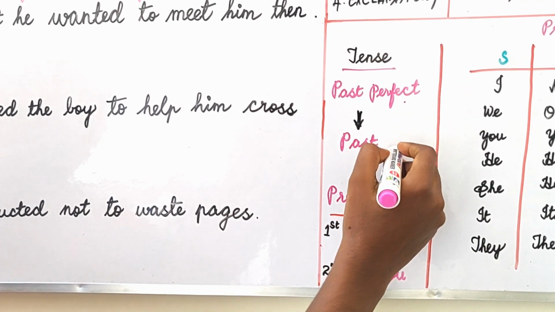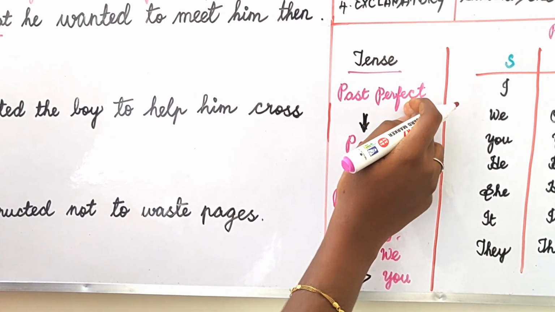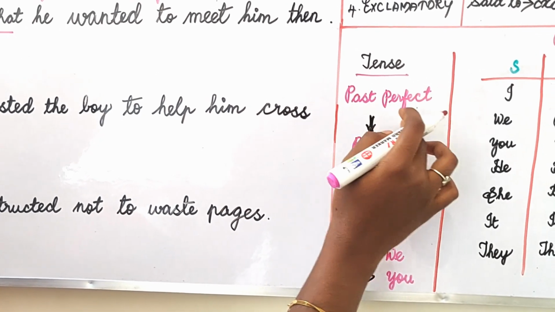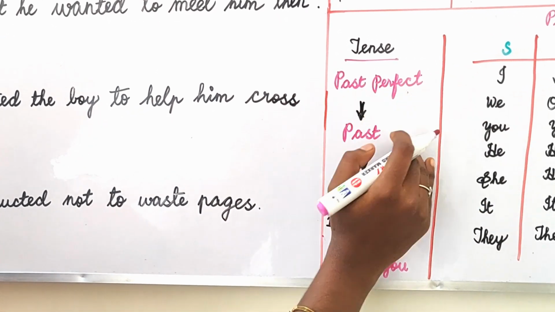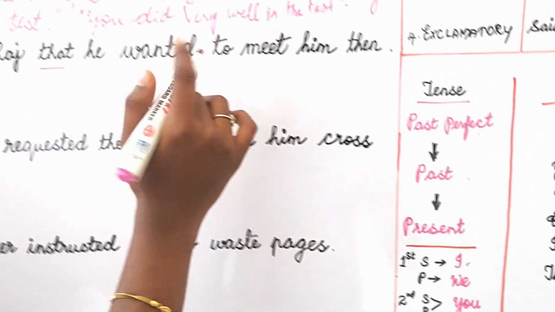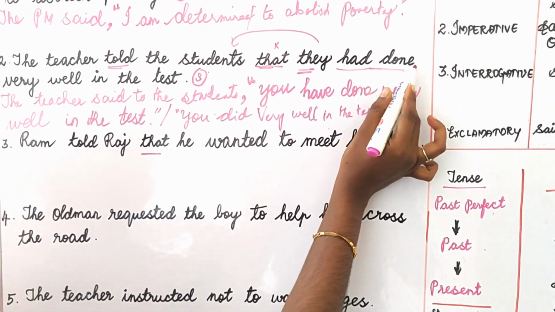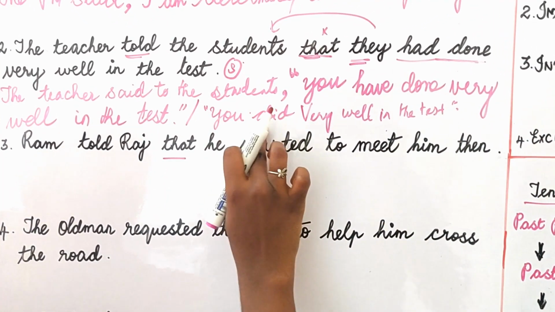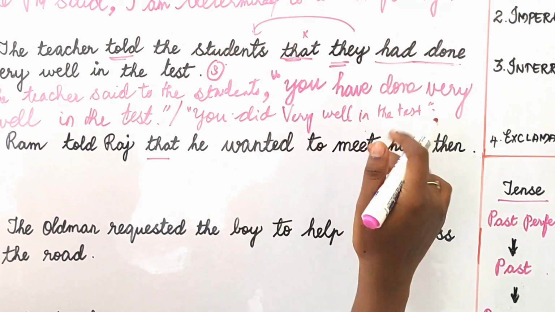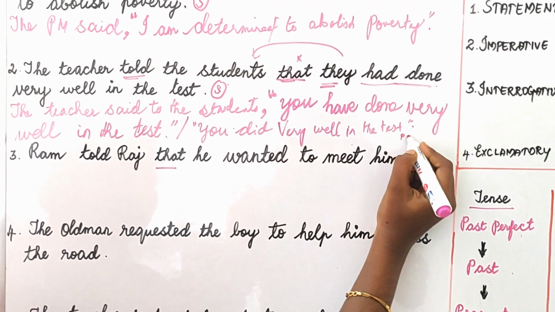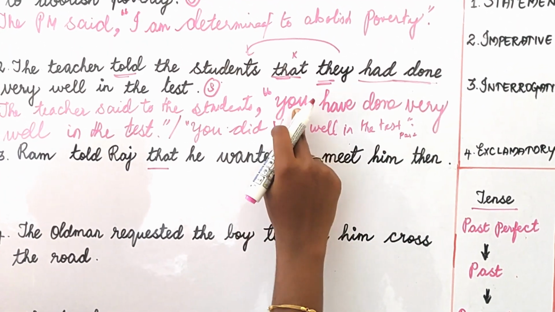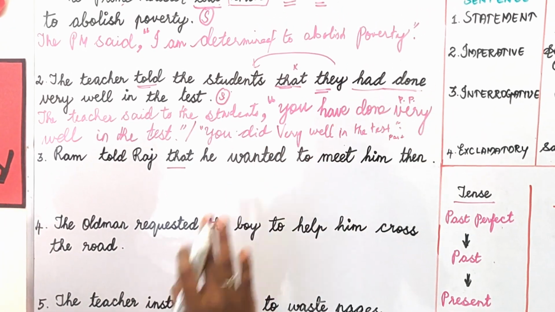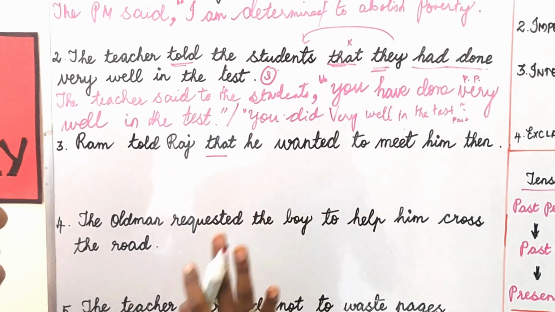This past perfect can be changed to present perfect also. So two options are there. Either you can write in present perfect or simply past. Both answers are right. So what's the past tense of done? Did. So do, did, done. So I have written did here. You did very well in the test is also right. This is simply past. And here, you have done very well in the test. This is present perfect. This is also right. So there are two ways of writing the answer.